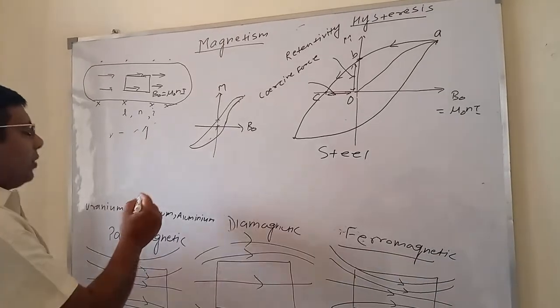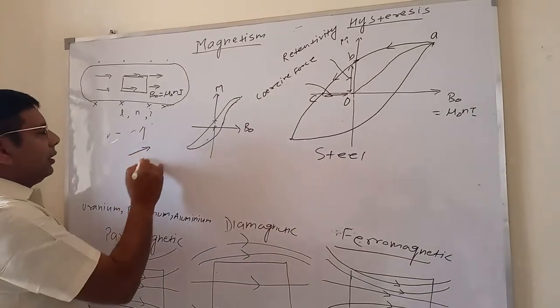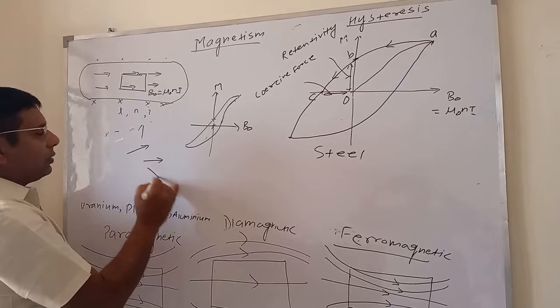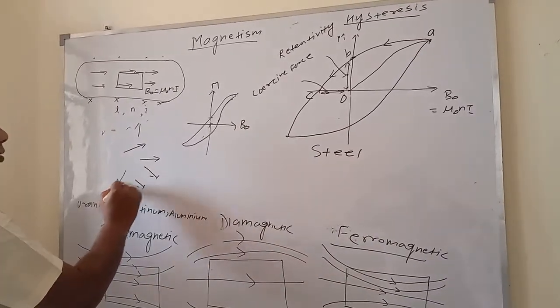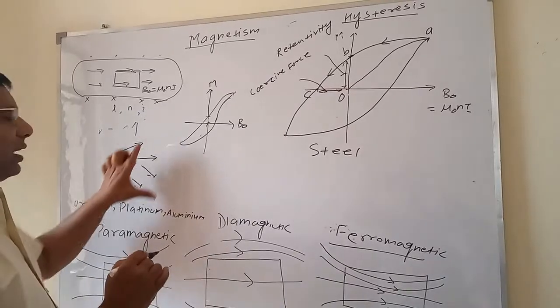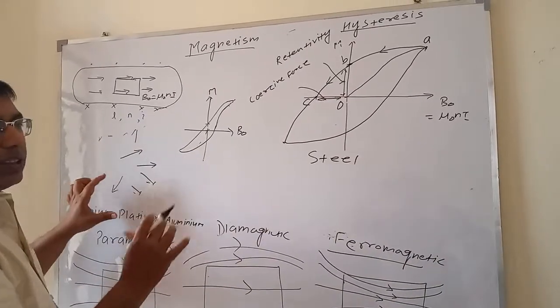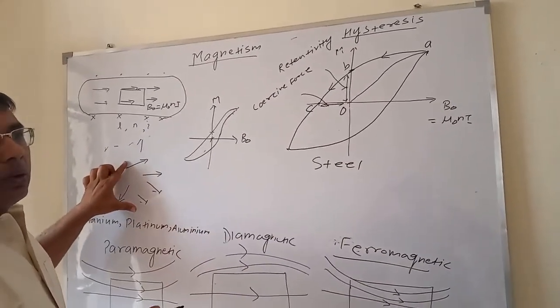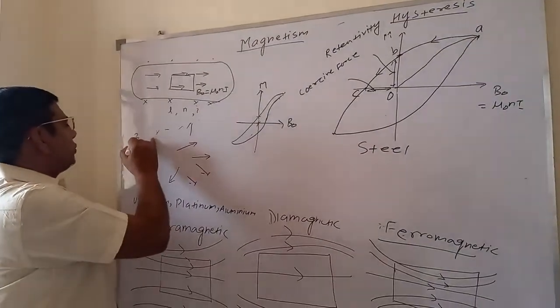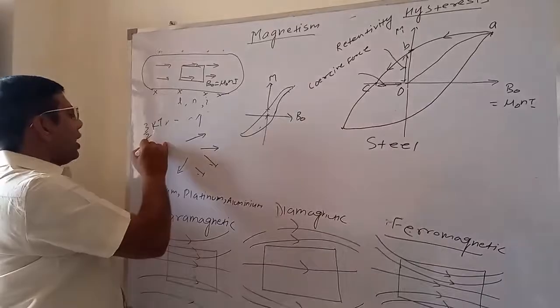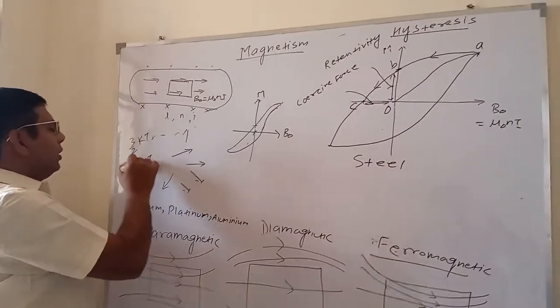Okay, but what happens here, without any magnetic field, all the magnetic moments are scattered in different directions. Why in different directions? It is because there is some other energy also, 3/2 kT or 1/2 kT, according to the number of degrees of freedom.